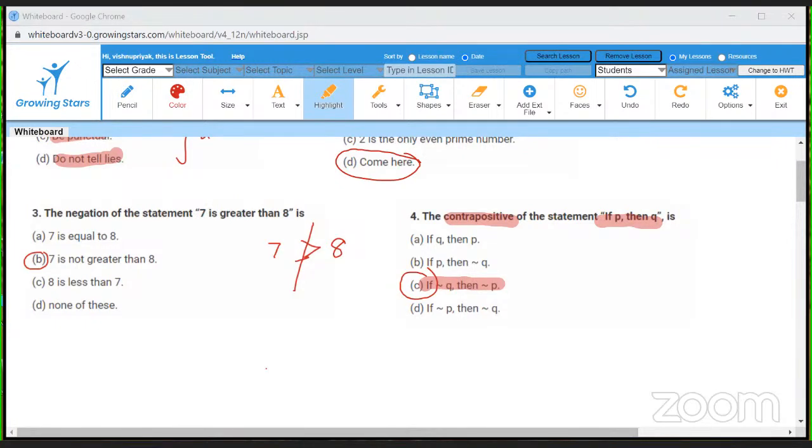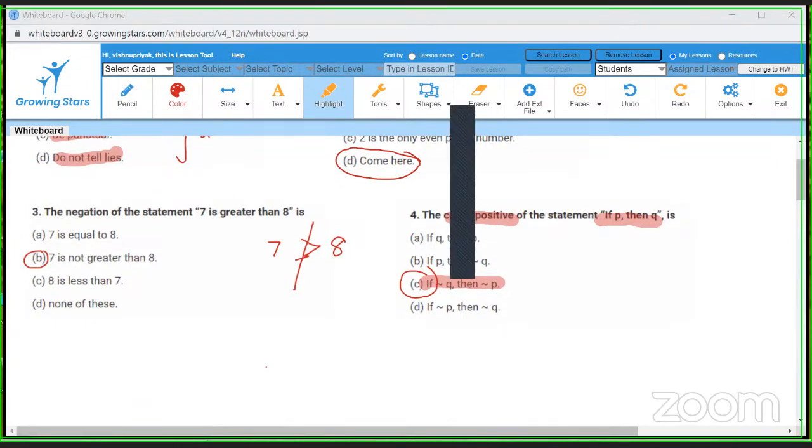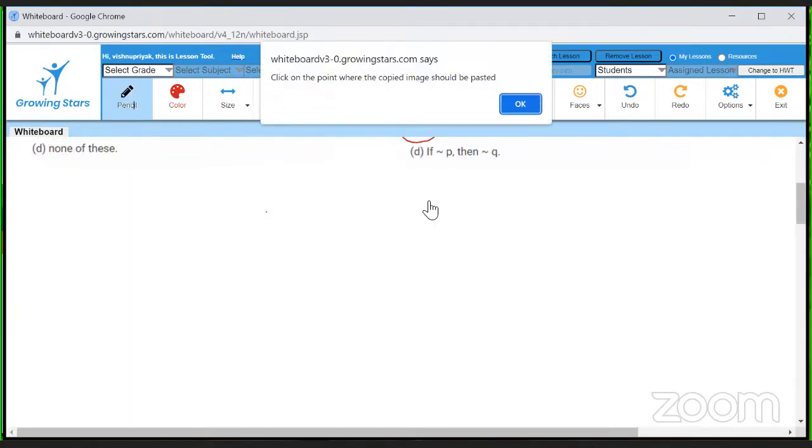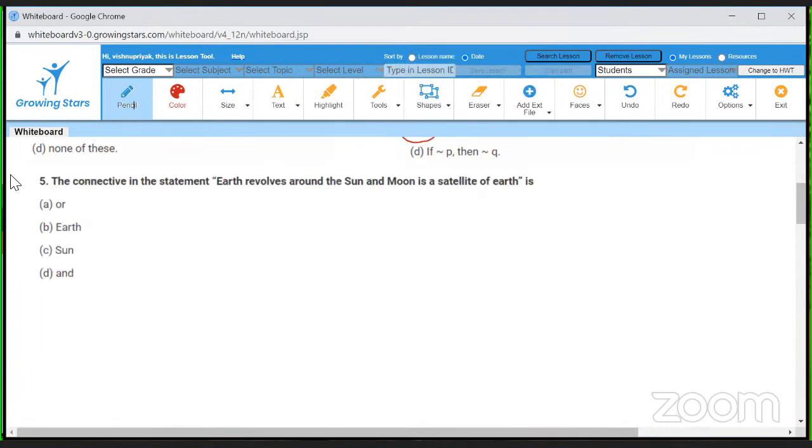Okay, fifth question. Here is question 5.